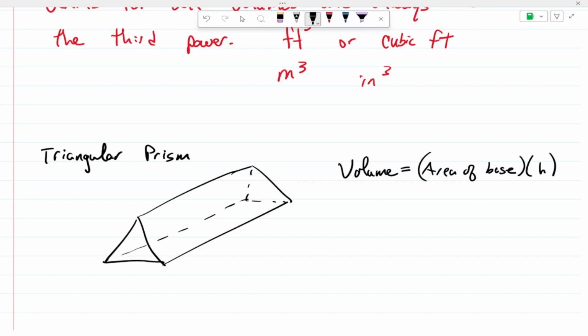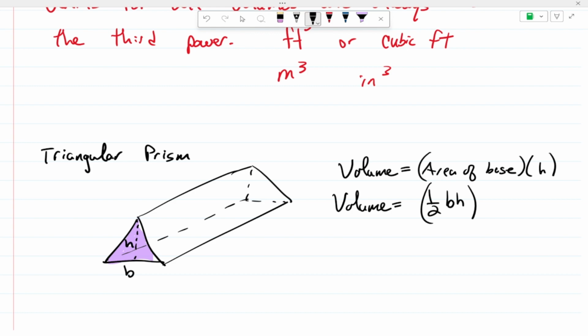So the area of the base is right here. I'm going to color code this in purple. So that's going to be 1/2 base times height, because that's what a triangle is, right? Base times height. So that's going to be B times H.